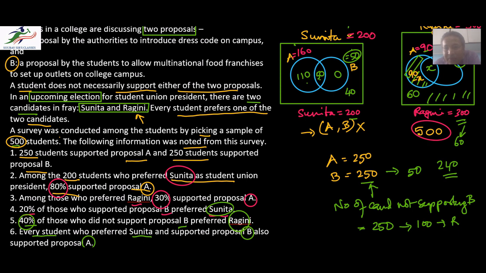So 240 minus 90 is 150. So this is 150 who are supporting proposal B exclusively and only proposal B and supporting Ragini.